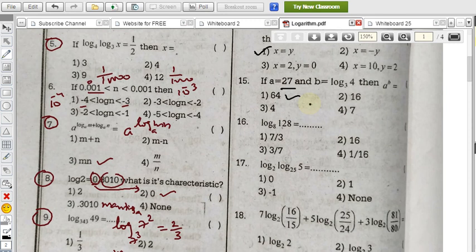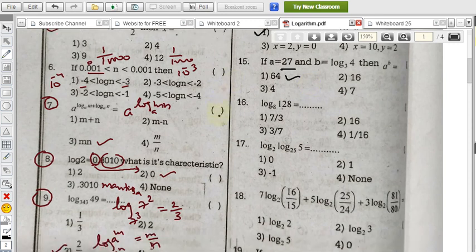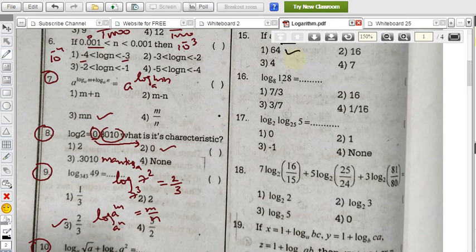Next one, log 128 base 8. So 128 and 8, we should write as some power of 2.